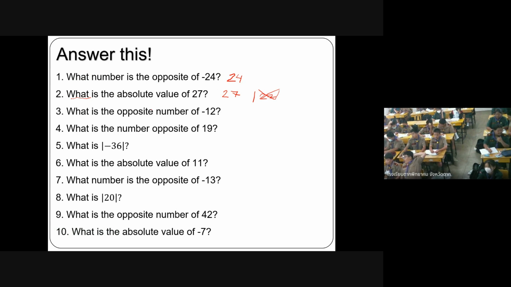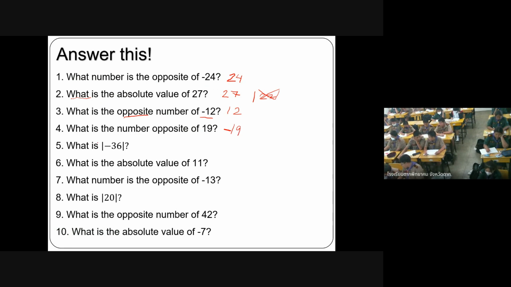Next, number 3. Everyone read. Okay, what is the opposite of negative 12? It is 12. Next, number 4. What is the opposite number of 19? Negative 19.